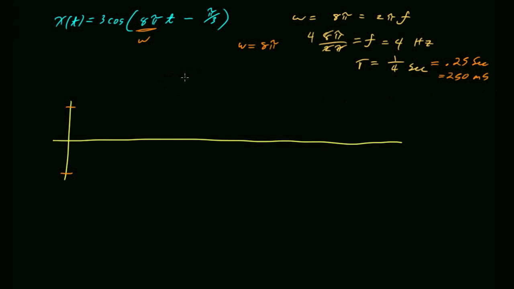So my phi is pi over 3. My omega is 8 pi. Therefore, my time shift is pi over 3 divided by 8 pi, which is 1 over 24.